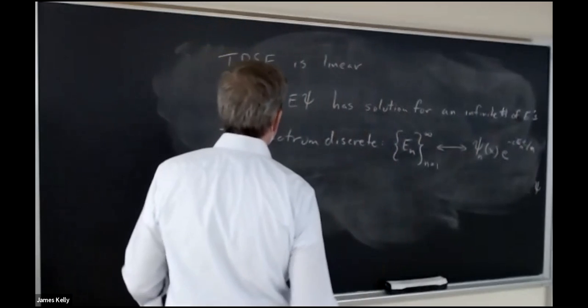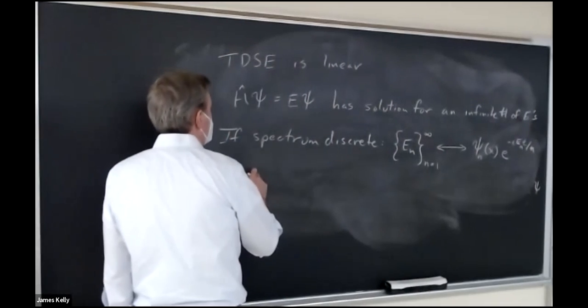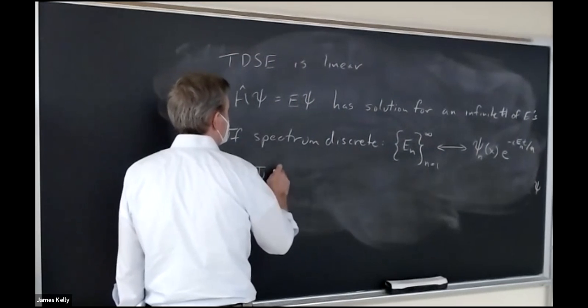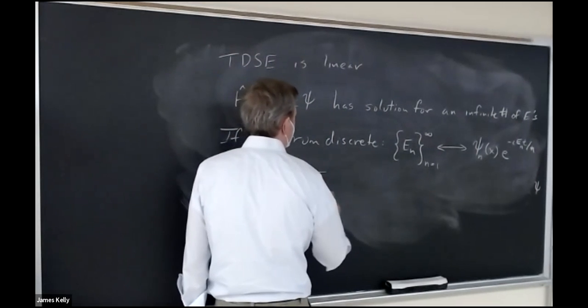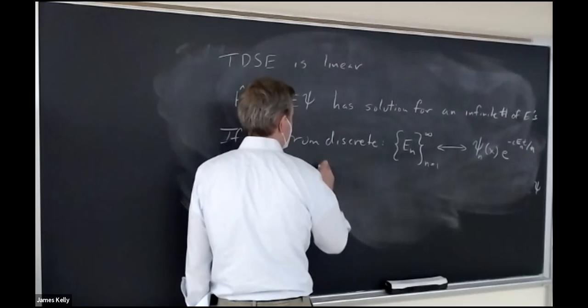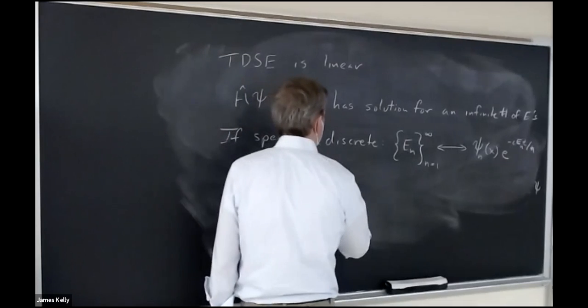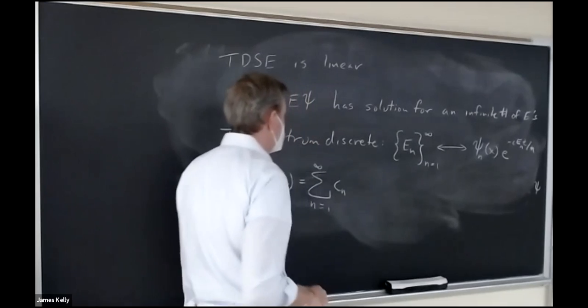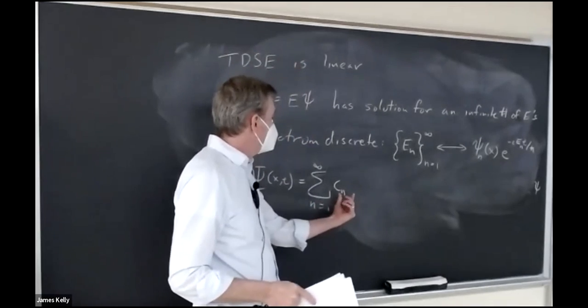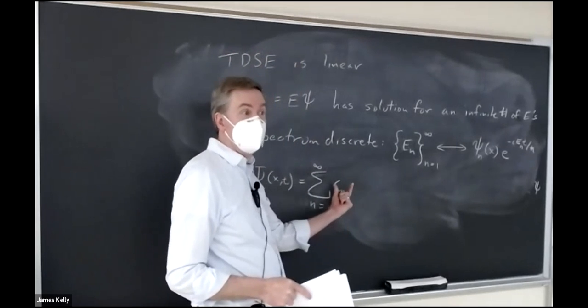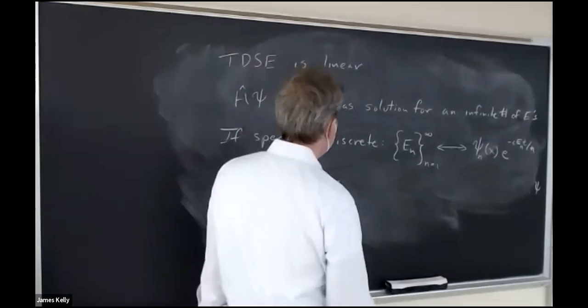There are an infinite number of them, and therefore this function, psi of x and t, which is an infinite linear combination of these, the sum from 1 to infinity, with different coefficients. People usually call these coefficients Cn. For n equals 1, there's some number sitting here. For n equals 2, there's some number sitting here. Could be complex.